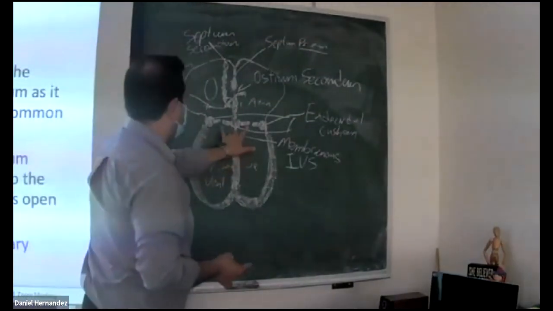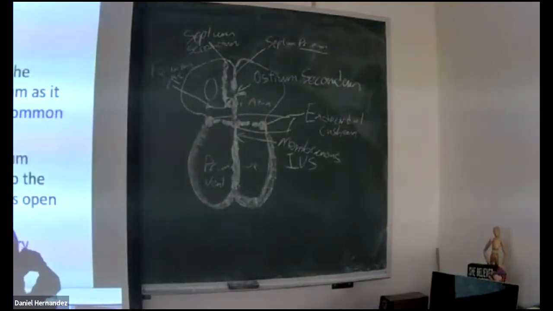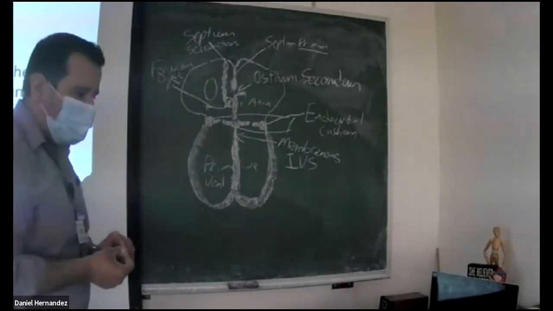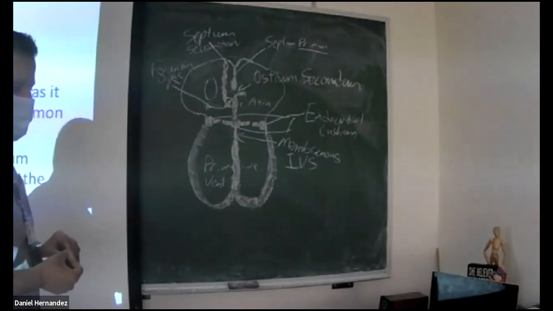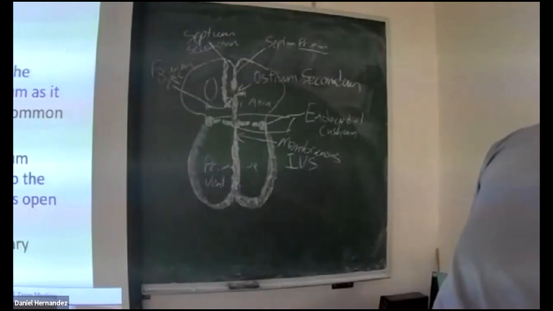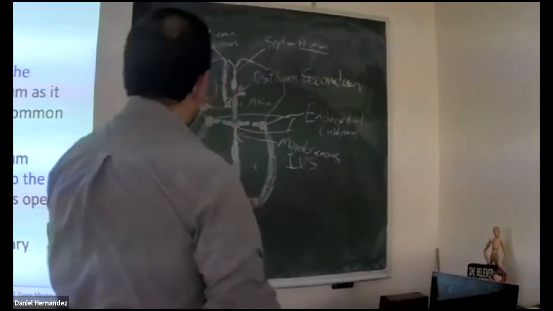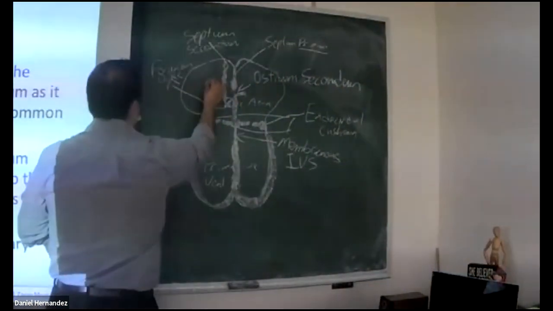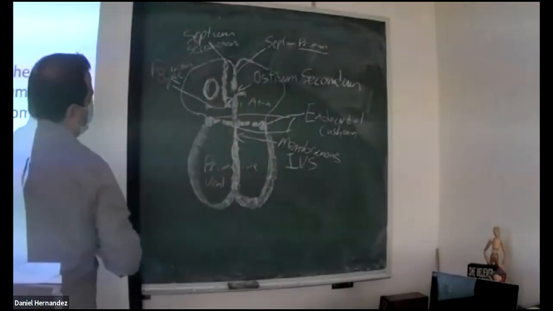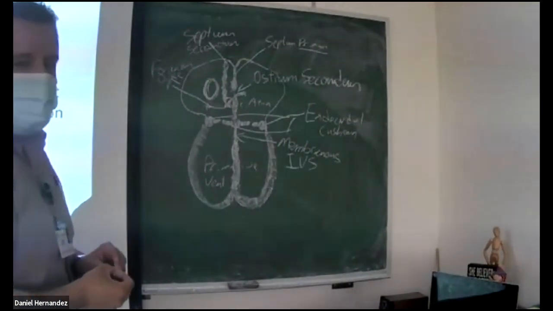So in the primitive heart, that channel between the endocardial cushions is called the AV canal, or atrioventricular canal. This large hole over here is the sinoatrial orifice, which is going to be the location of the eustachian valve.